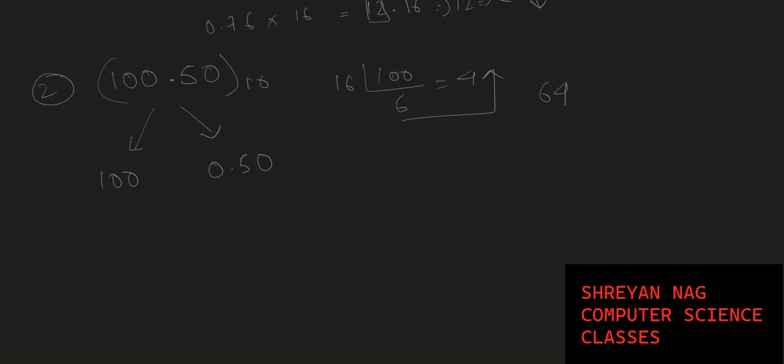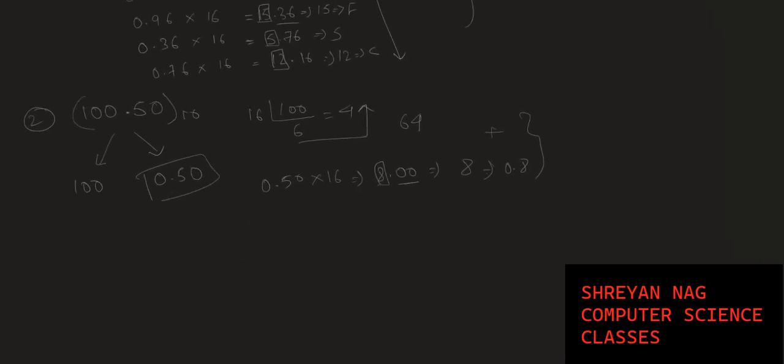The 0.5 part multiplied by 16 is 8, and there is no remainder left. So this becomes 0.8, since it is the fractional part only. Let us add it up: 64.8 base 16.